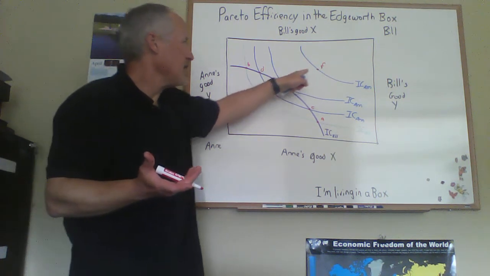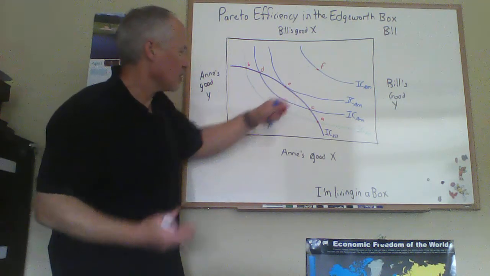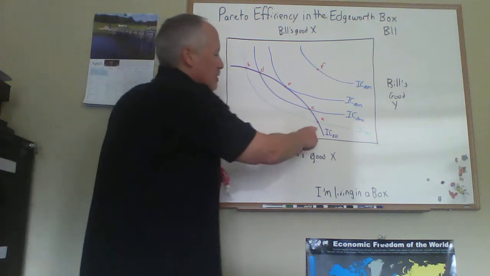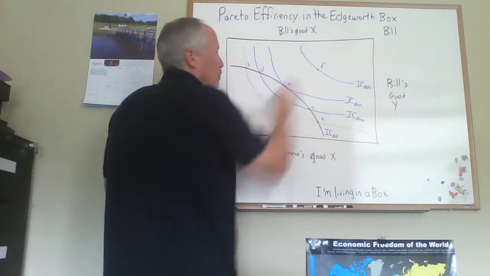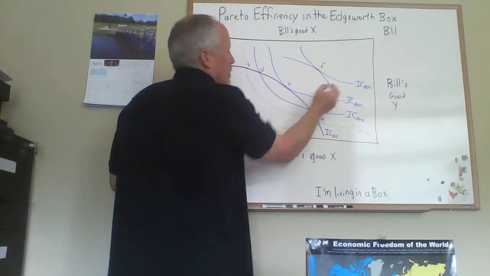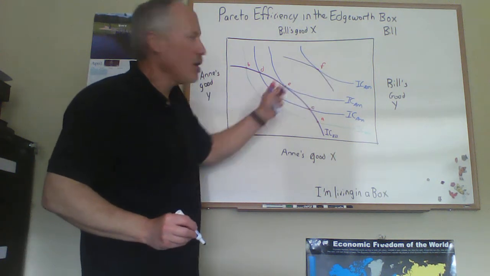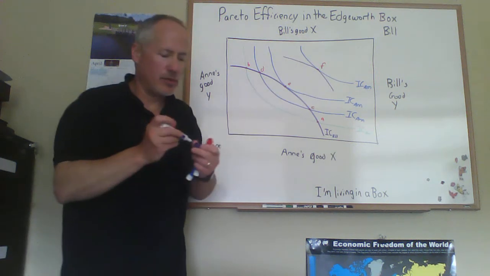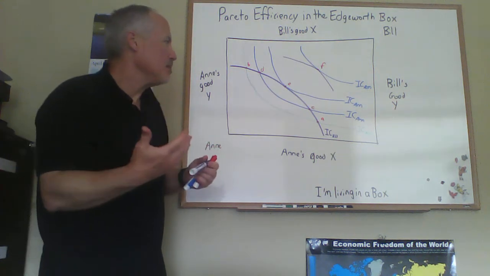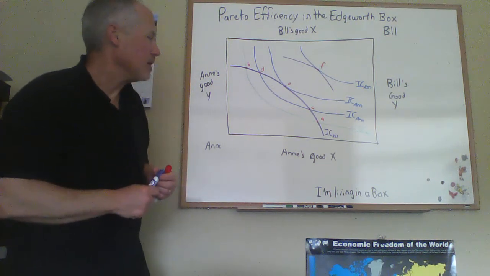If we move from E to F, Ann is better off, but Bill is worse off. Right? If Bill starts from this indifference curve, and Bill moves towards his origin, he's going to be on a lower utility indifference curve. So moving from E to F is going to make Bill worse off. That's not allowed under Pareto optimality.